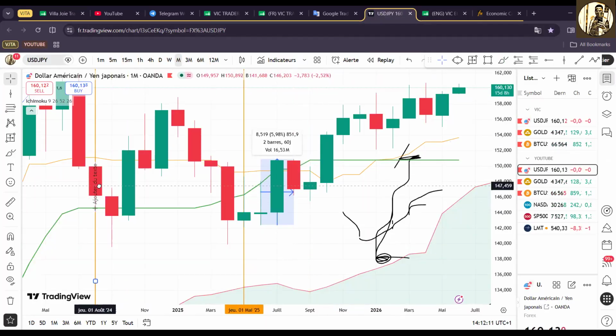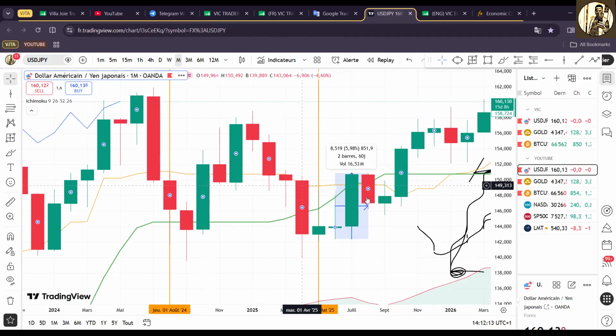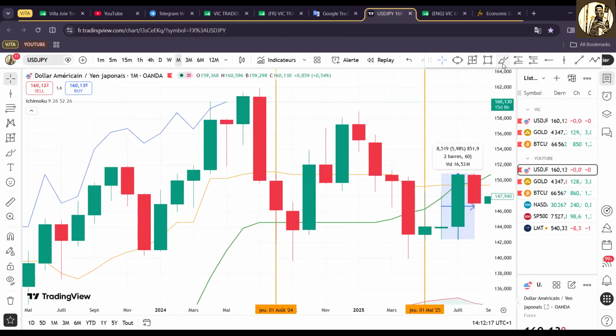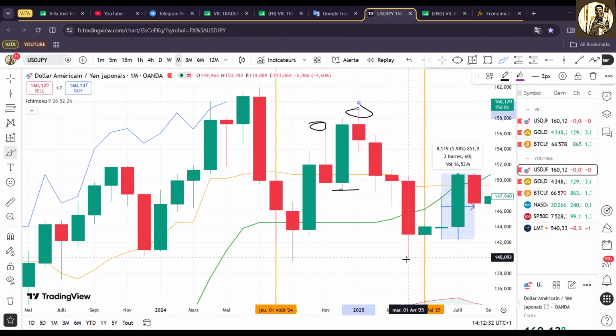Now let us look at this downtrend instead. Since it's a downtrend, the setup will be from the first touch of Tenkan to the downtrend, here above till this point. Then the other one is here above till this one. Those are the first touch and second touch.